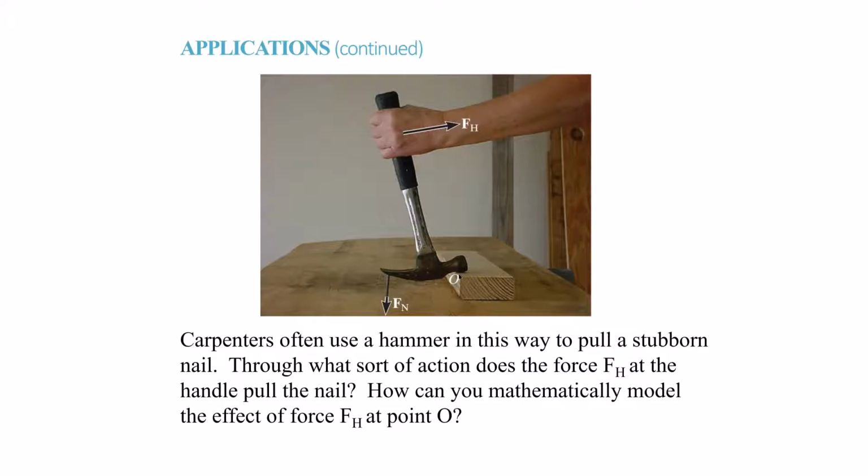As in the previous example, you'd have to come up with two equations, and then you can solve for this FH acting upward, and you could also solve for what this is too. It gets a little more involved, but this is the next step.